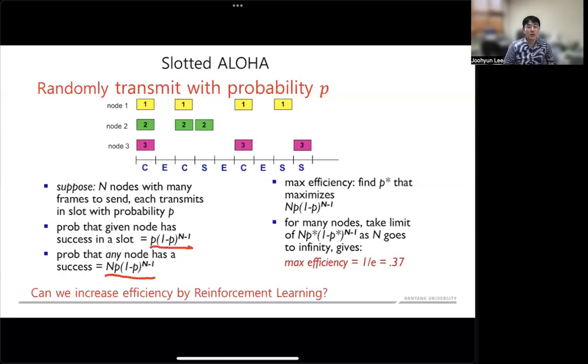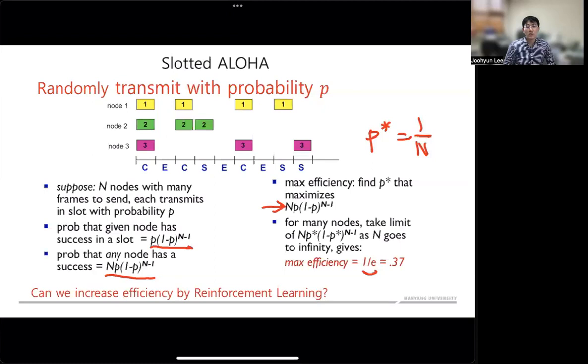But in general, if we maximize this formula to find the optimal p that maximizes the efficiency, we can find that p star is equal to 1 over N. And at this point, as N goes to infinity, this efficiency approaches 1 over e, the natural number e, which is roughly 0.37.